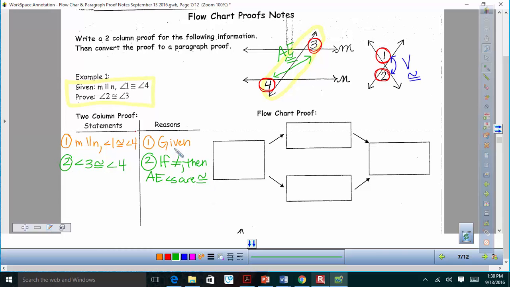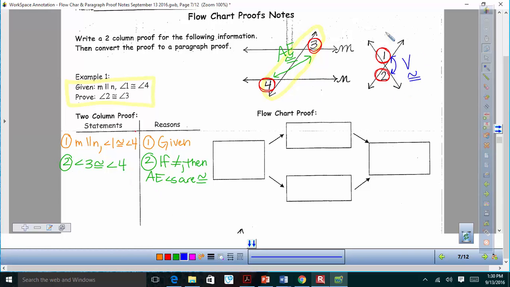Okay? Also, don't forget your angle symbols. Okay? Is 3 congruent to 4? Is the number 3 congruent to 4? No. So when you write it without the angle symbols, that's literally what you're saying. And so that wouldn't be true, and the proof would not be true.